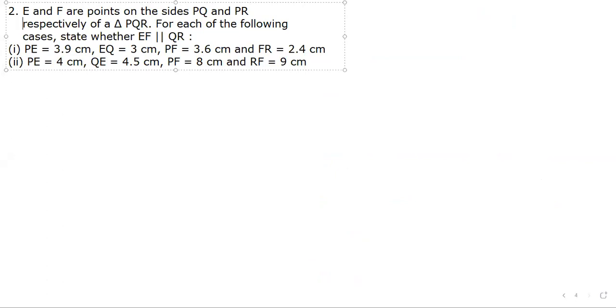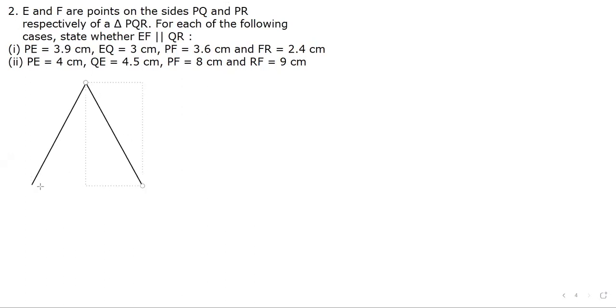Children, when are the lines parallel? By converse of BPT, you have to check whether the ratios are equal. You don't have to say that the ratios are equal. Even by mistake, don't say that the ratios are equal. We have to check what the ratios are.